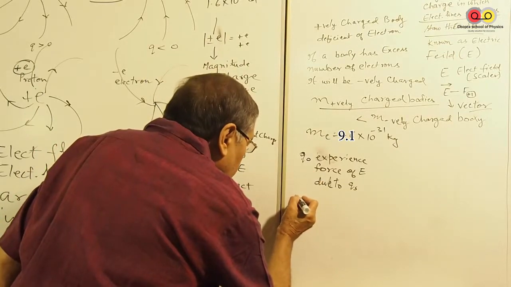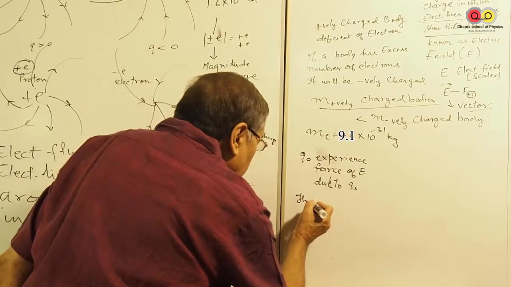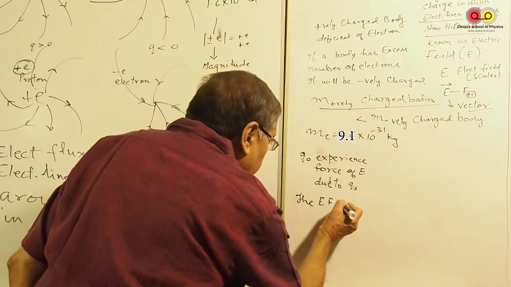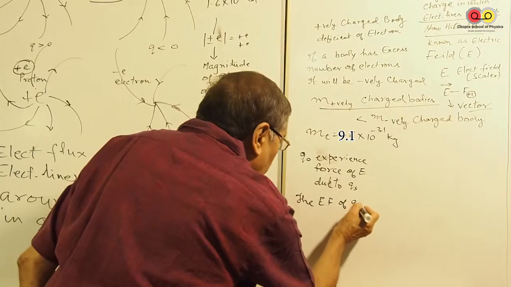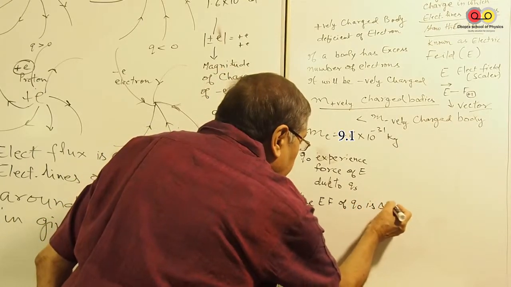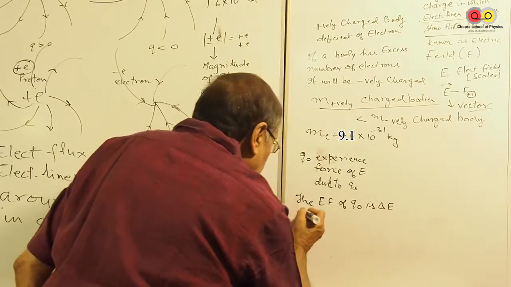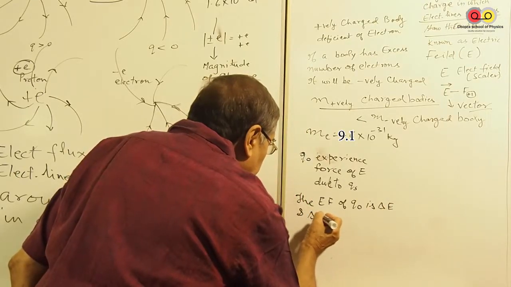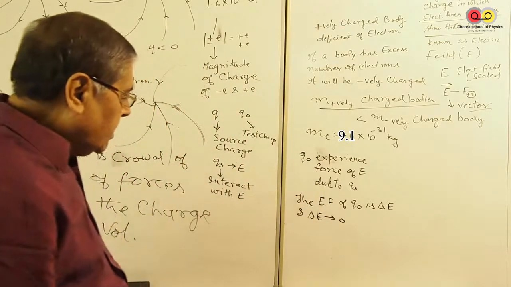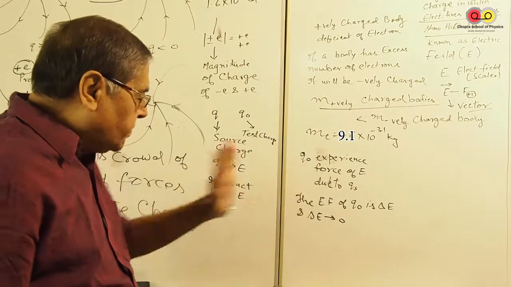The electric field of Q naught is delta E, and delta E is approaching 0, negligible.